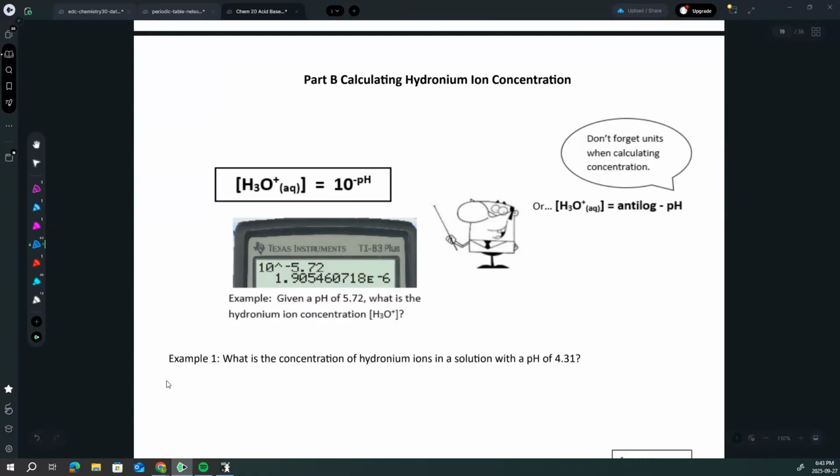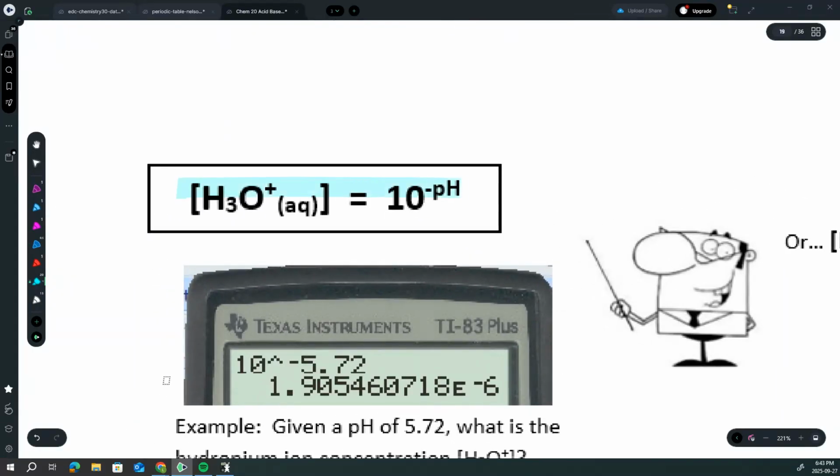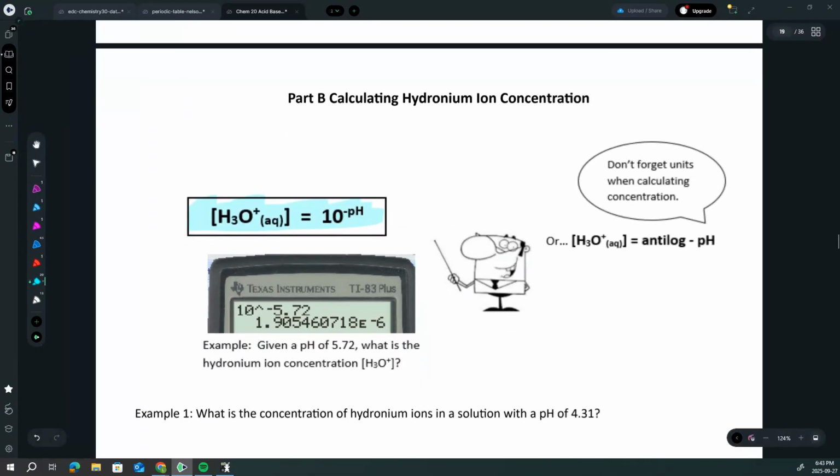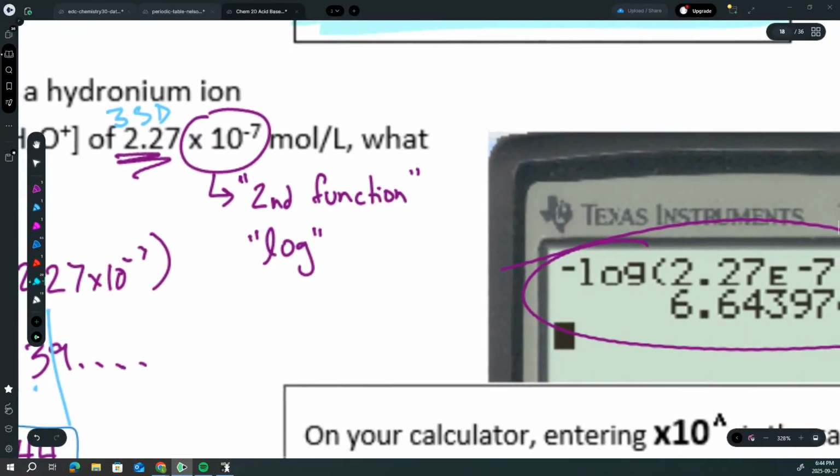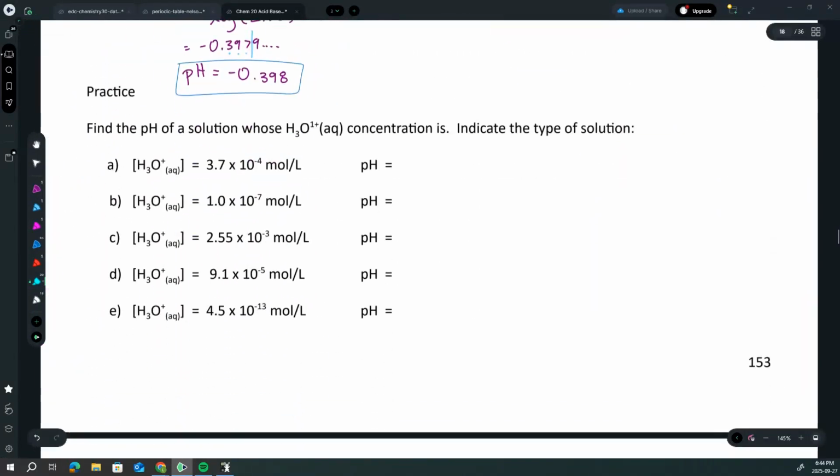All right, so let's move on to how we can calculate hydronium ion concentration when we are given pH. This is going to be the formula that we need here. How we're going to get 10 to the power of negative pH is like we were doing before: second function and then log to get that 10 to the power of.